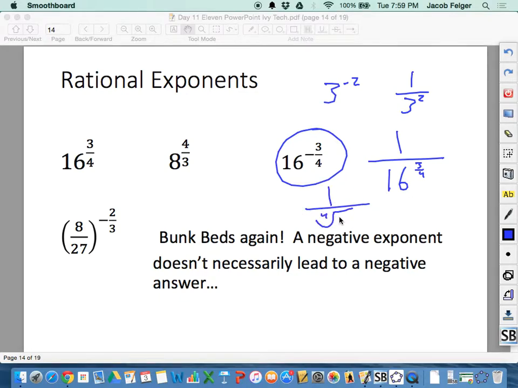Yep, the 4th root of 16 cubed. The whole thing goes down to the bottom. And that again would be 2, and 2 cubed would be 8. So 1/8 would be your final answer.